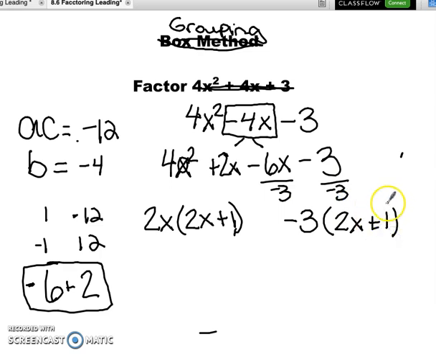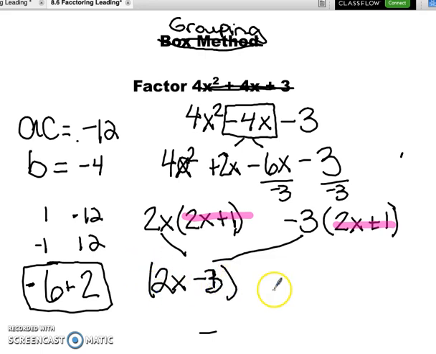Now if you notice, these two right here should be the same. If they are not, this is not going to work. You have to have these two be the same. And then I can take these two and create the 2x minus 3 multiplied by the 2x plus 1.